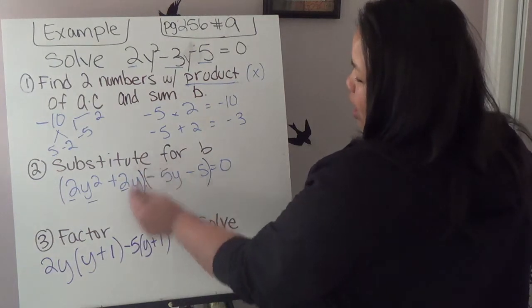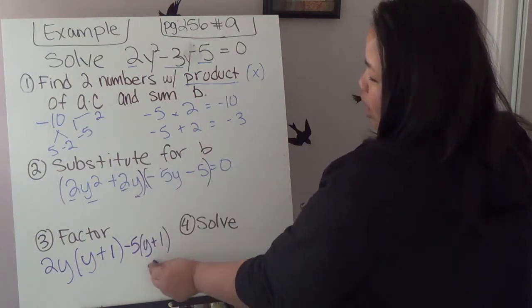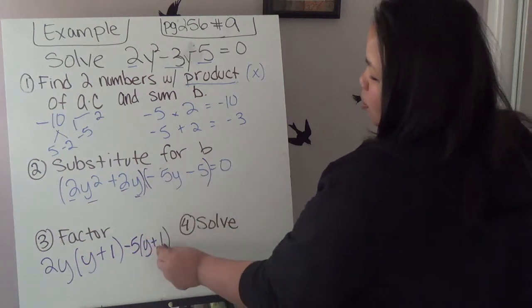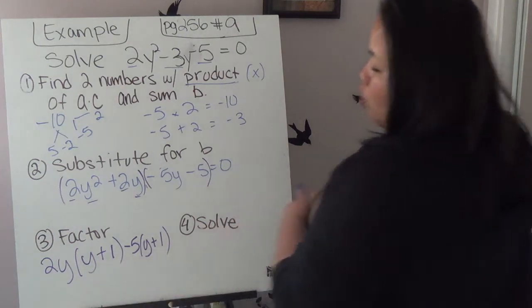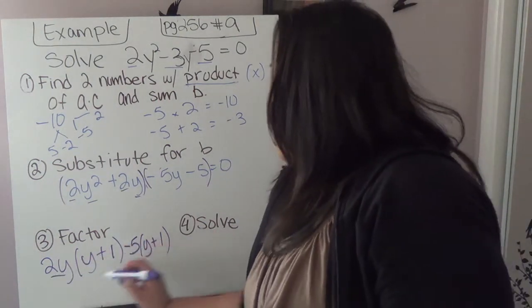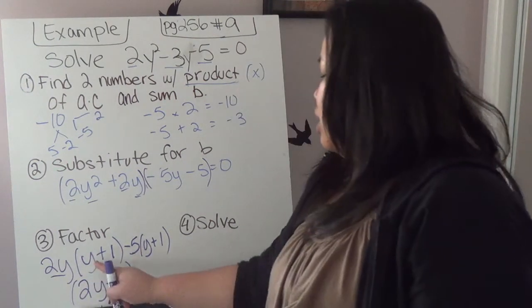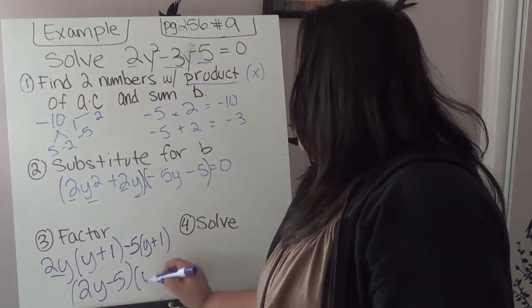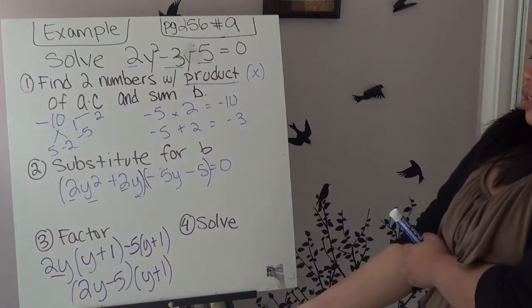Now I'm going to take out a negative 5, so this negative 5 leaves me with the positive y, and this negative 5 gives me a positive 1. My goal is to get these two the same. When I get them the same, then I can take this and I end up with 2y minus 5 in one parentheses, and since they're both multiplied by y plus 1, that becomes my factor.